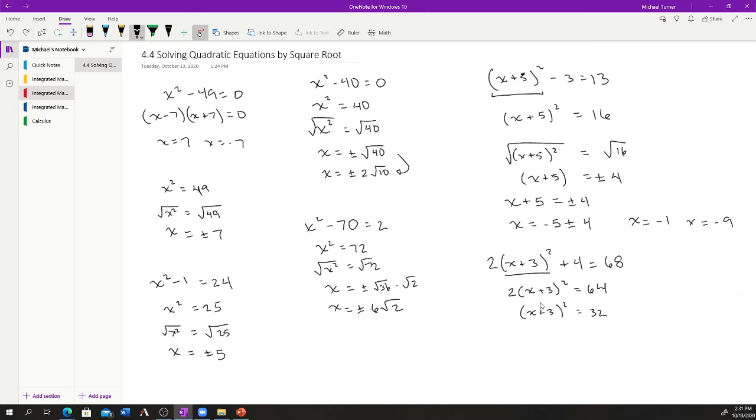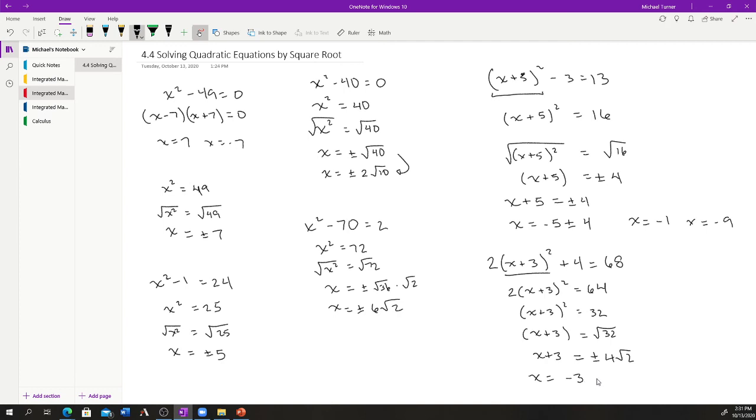Same steps. So go ahead and take the square root on both sides. That's going to cancel out. Square root of 32, I want to simplify that. It becomes plus or minus 4 radical 2. And then I'm going to subtract.